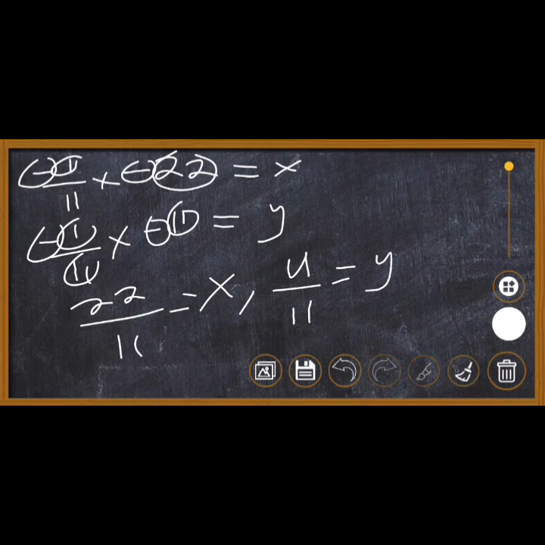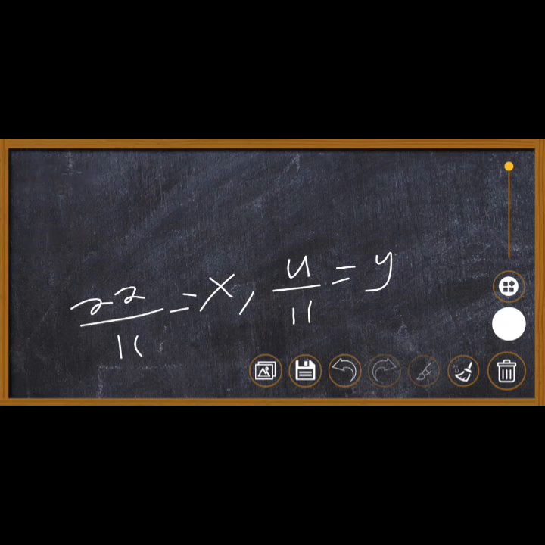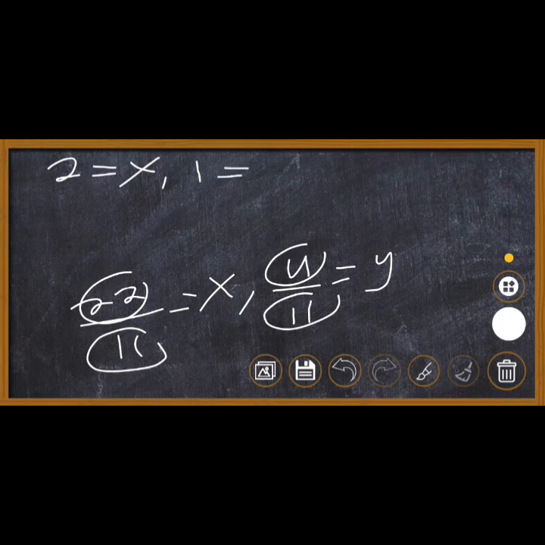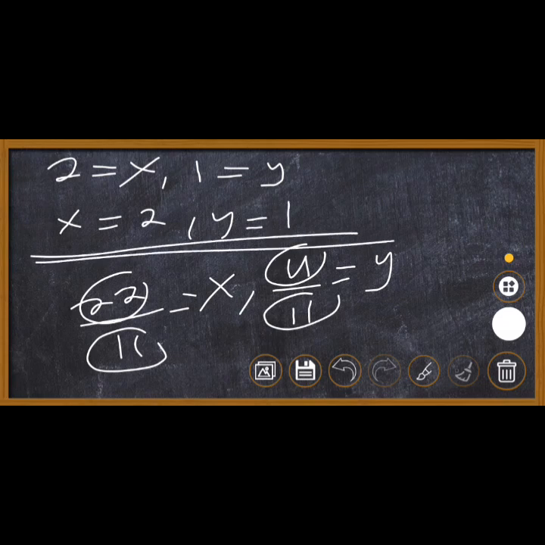Okay, let me wrap the top part here now, since it's not of use. So in this case then, we are going to have 11 divided into 22, it's 2. So in this case, x is 2. 11 divided by 11 is 1, so y is 1. So in this case then, x equal to 2 and y equal to 1. So this is the answer.